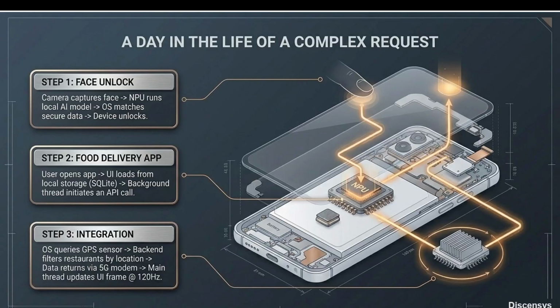A day in the life of a complex request. We'll get to know about different types of requests and what actually happens within them. Let's consider face unlock. The camera captures the face, and the NPU runs the local AI model. The OS matches secure data, and the device unlocks.